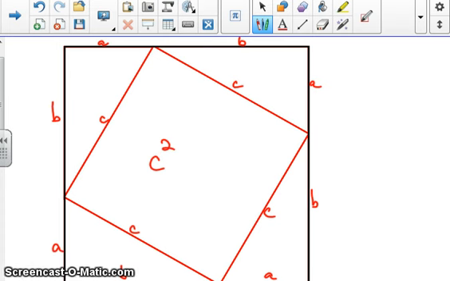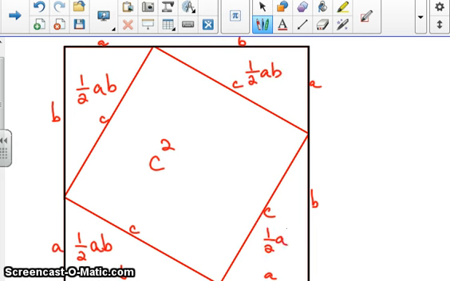Around the outsides of that square I have 4 triangles. Each of them has a base of A and a height of B, or vice versa. So each of those areas is 1/2 AB. So if I add all my halves together, I have 4 halves, which equals 2 wholes.